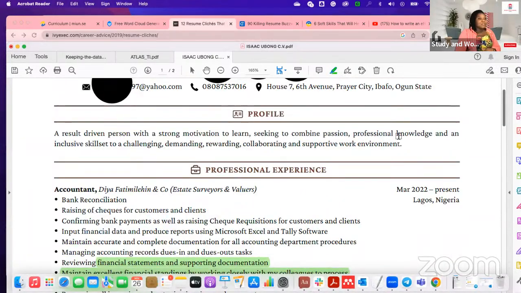When you look inside the first two, the summary: a results-driven person with a strong motivation to learn, seeking to combine passion, professional knowledge, and inclusive skill set to a challenging, demanding, rewarding, collaborative, just throwing in nice words.